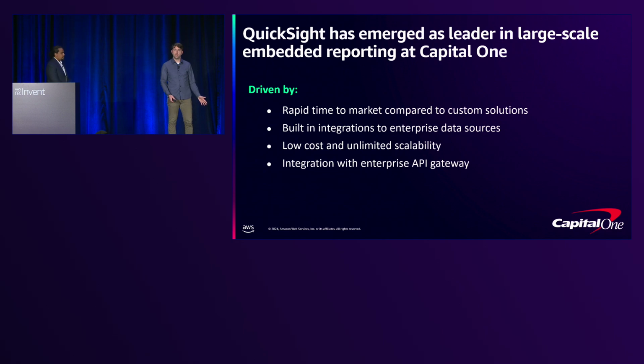Things like security, all of the chart library, connections to enterprise data sources, all of those things are taken care of as part of QuickSight. Scalability. When a team is thinking about using QuickSight, they don't have to consider the dashboard portion of their application in their capacity planning. It's all taken care of, and an integration with our enterprise API gateway.